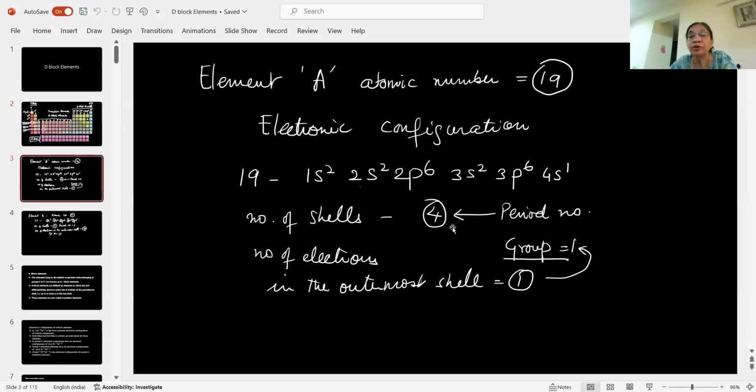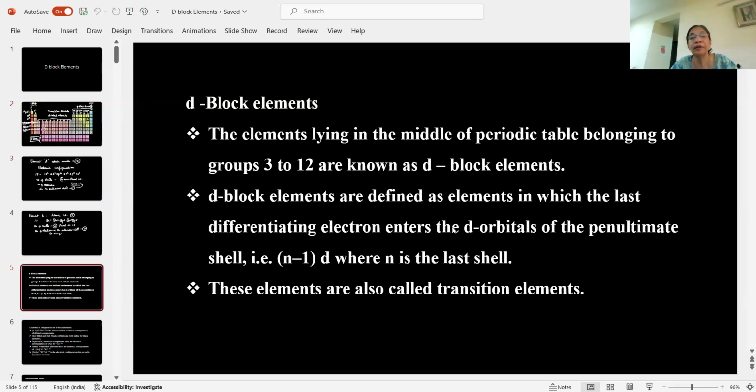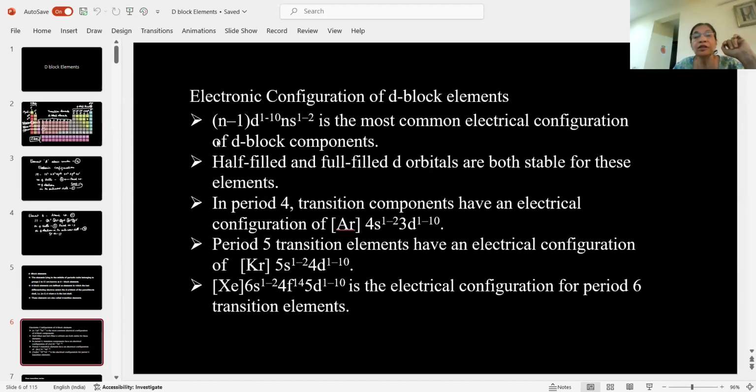Since they lie as a transition between the metals and the non-metals, we also call them transition elements. Their general configuration is (n-1)d1 to 10, ns1 to 2.